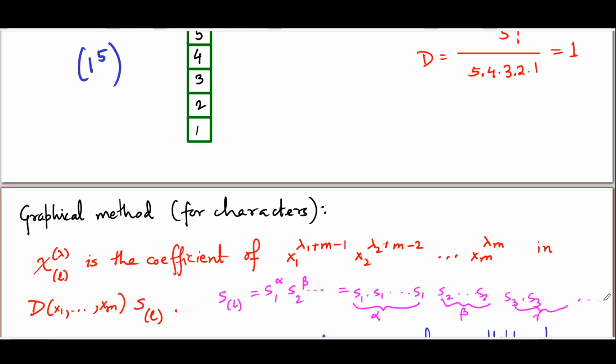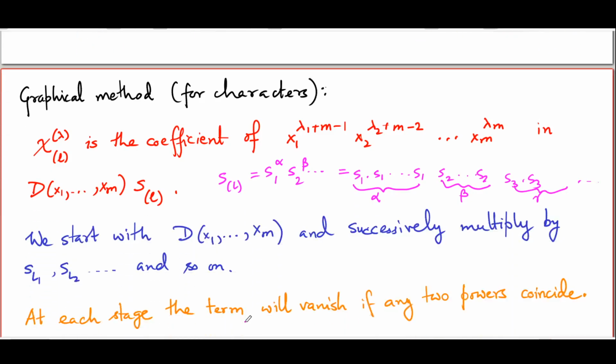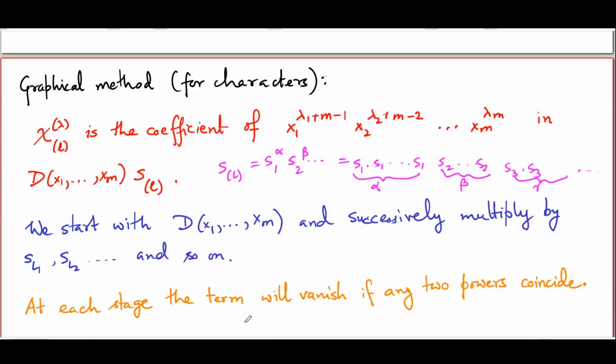So what we do is start with this totally antisymmetric function D(x1 ... xm) and keep on multiplying by S_L1, S_L2, S_L3 as the case may be. Now this is very important. At each stage, a term will vanish and of course will not contribute to anything in subsequent stages if any two of the powers coincide.